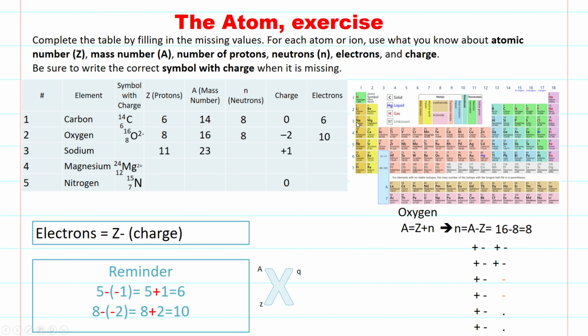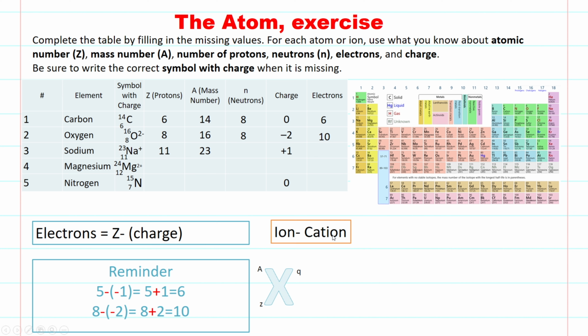Its symbol is capital letter N followed by lowercase letter a. It's Na, and we have a 1 plus charge, which means the atom has lost 1 electron, making it an ion, or cation, and the symbol is Na1+.